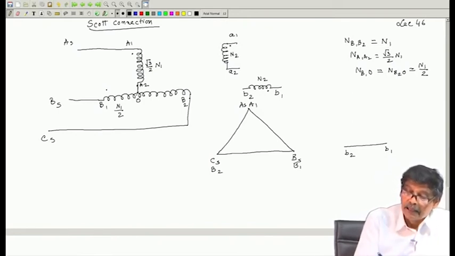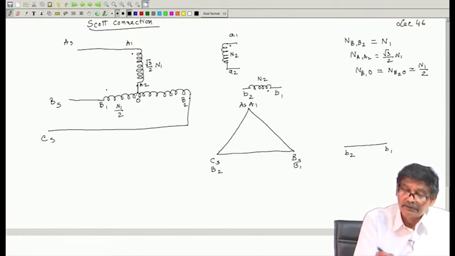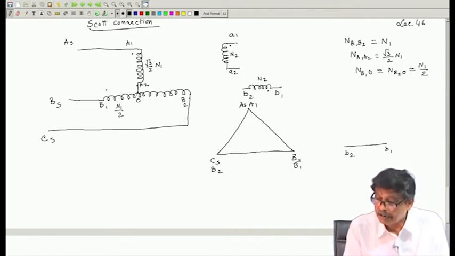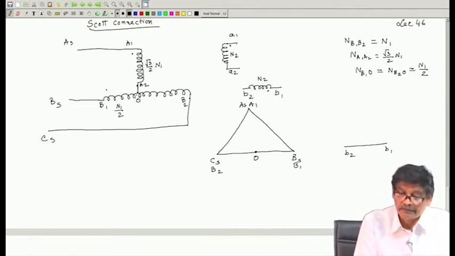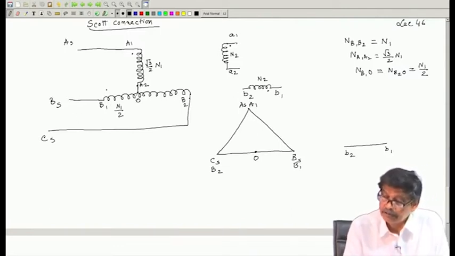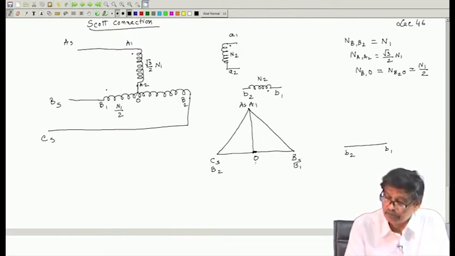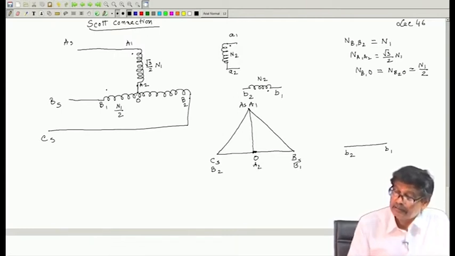Primary side, the question is, what is the voltage applied across the primary of transformer A? This point, mind you, is O, because it is between BS and CS at midpoint. This point O happens to be your A2. O and A2 are same.